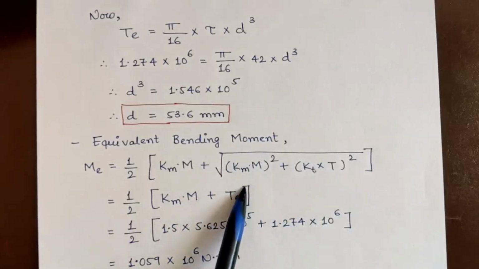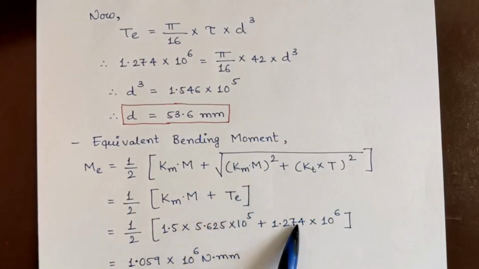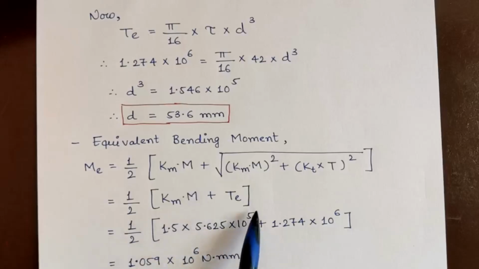So to simplify this calculation, we can directly take the value of Te, that is 1.274 into 10 raised to 6. Km will be 1.5 and m is 5.625 into 10 to the power 5. By solving this equation, we will get equivalent bending moment Me is equal to 1.059 into 10 to the power 6 Newton into mm.